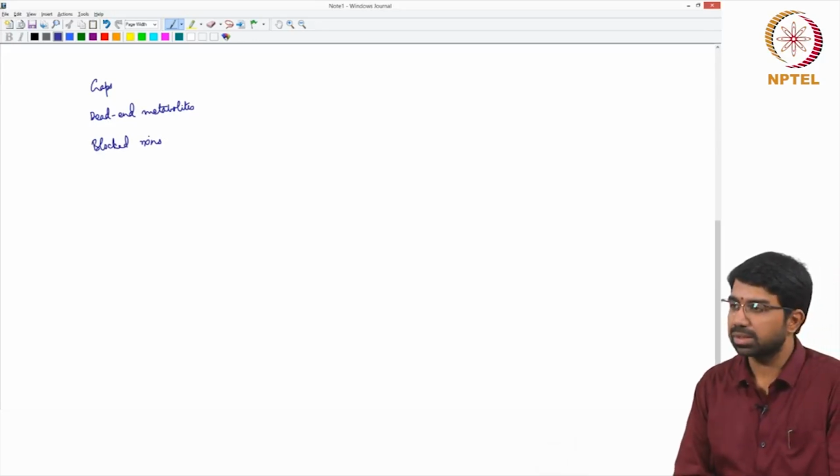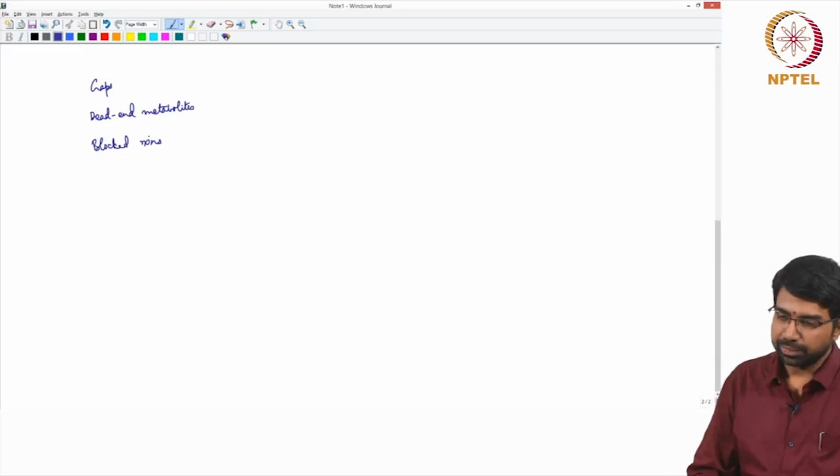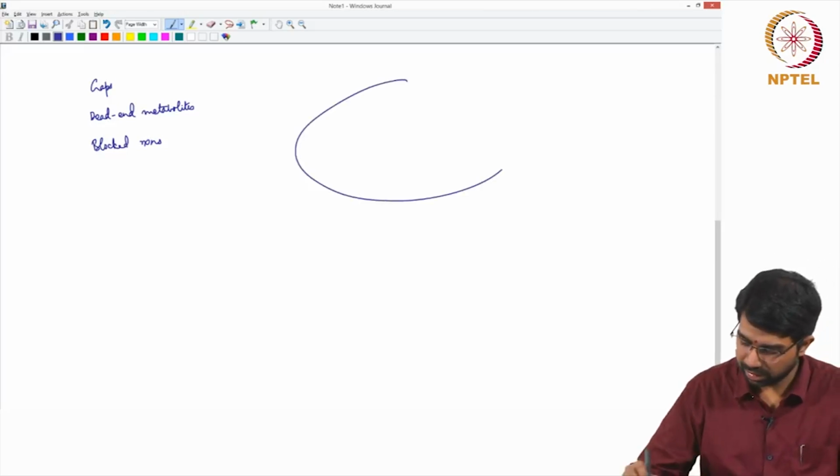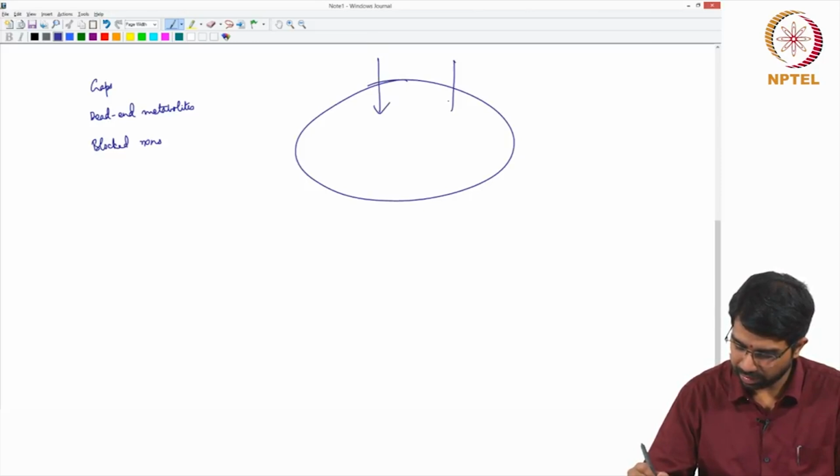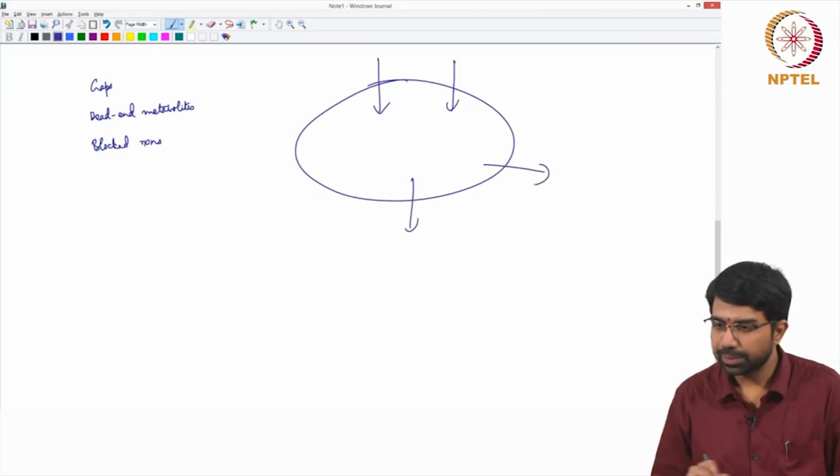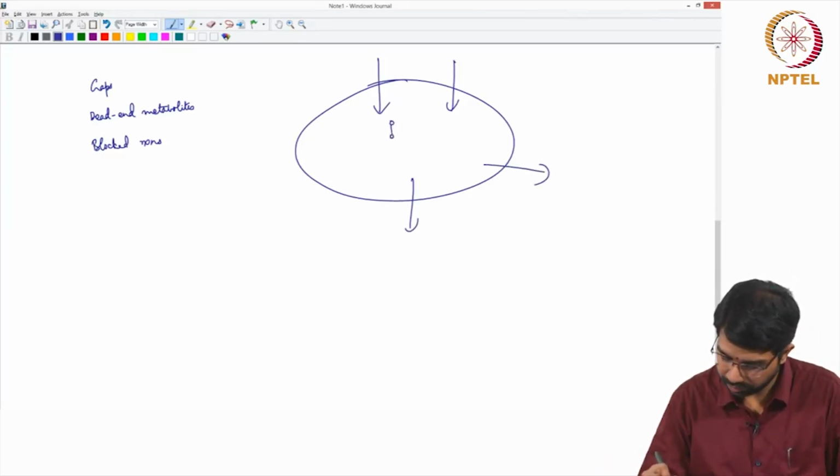Gaps, dead end metabolites and blocked reactions. So, gaps are easy to imagine. Let us say you have a cell, right, and you have a metabolic network of this sort.